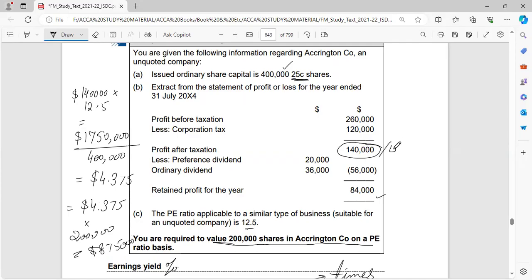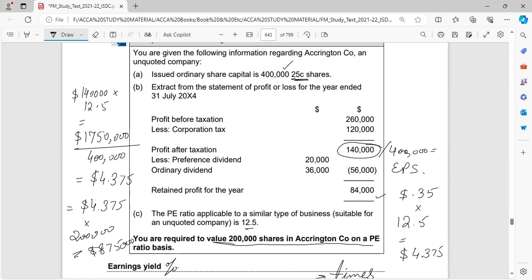We can divide by 400,000 and first determine EPS: 140,000 divided by 400,000 is 0.35, into 12.5 is 4.375.